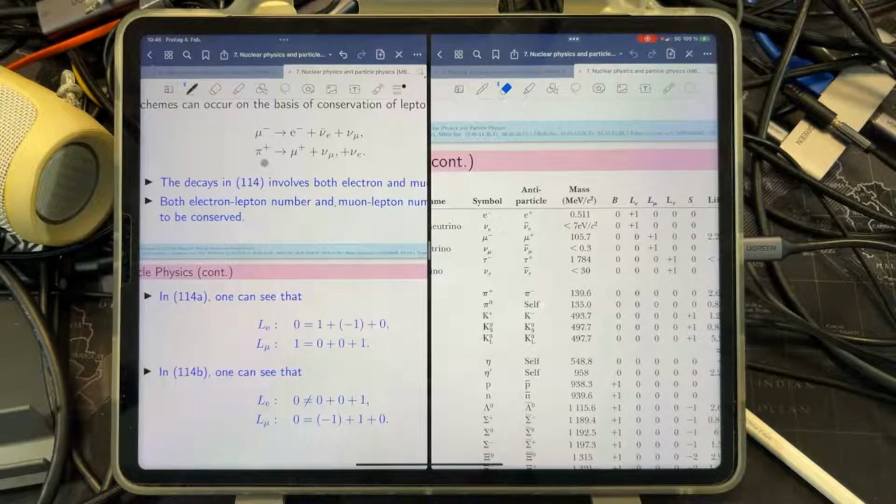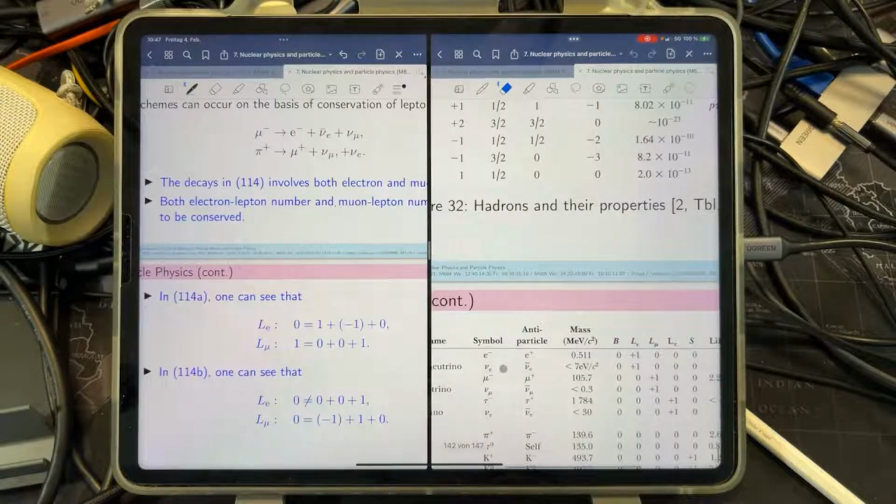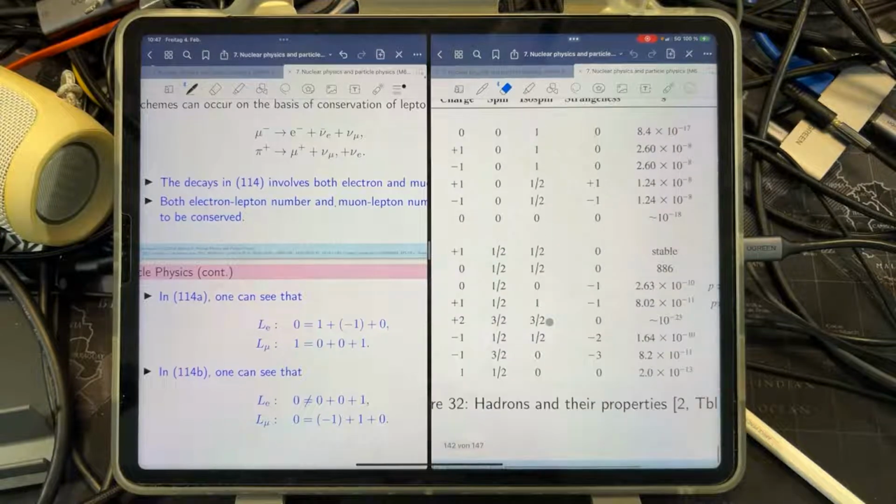So for this reaction or decay, pion plus would be 0 for both cases, 0, 0 for electron lepton number and muon lepton number.